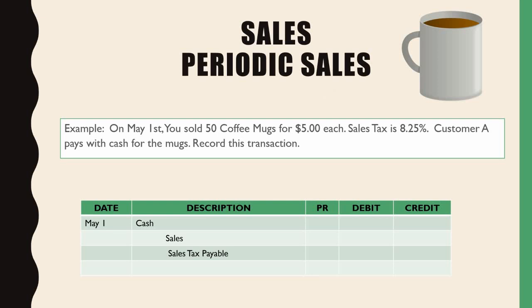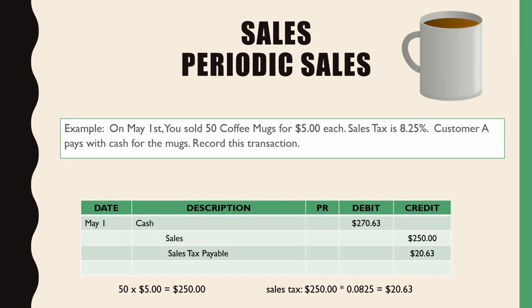Sales credit is $250. Because it's coffee mugs, our assumption is that we're going to charge tax on every single item. So tax is going to be 8.25% of the $250, bringing it to $20.63. So I should be receiving $270.63 in cash.